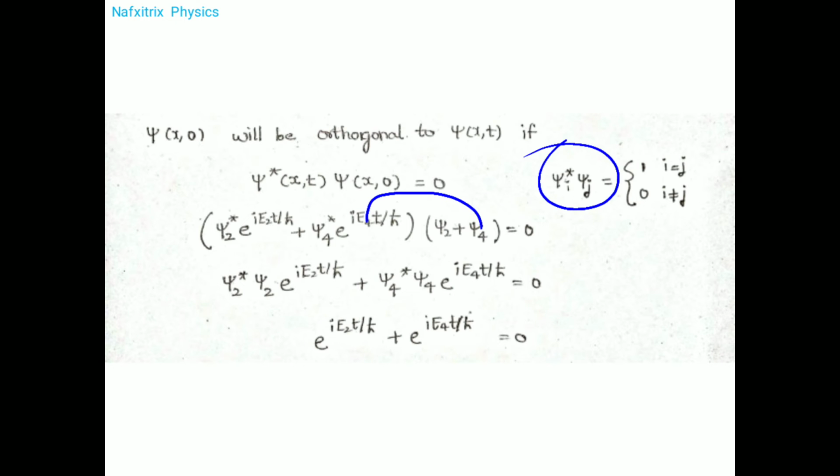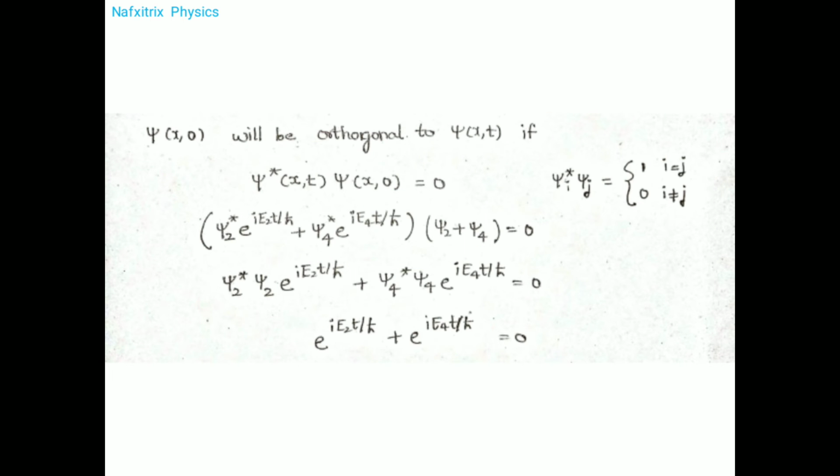Based on this condition, ξ2*ξ2 is 1, ξ4*ξ4 is 1. The other terms, ξ2*ξ4, would be equal to 0 because i is not equal to j. In a similar manner, ξ4*ξ2 also would be equal to 0 because i is not equal to j. So finally we would end up with these two terms.